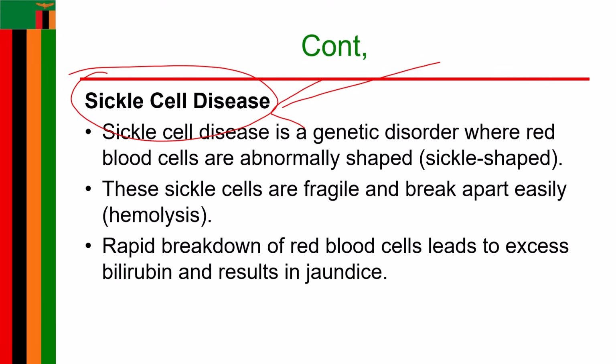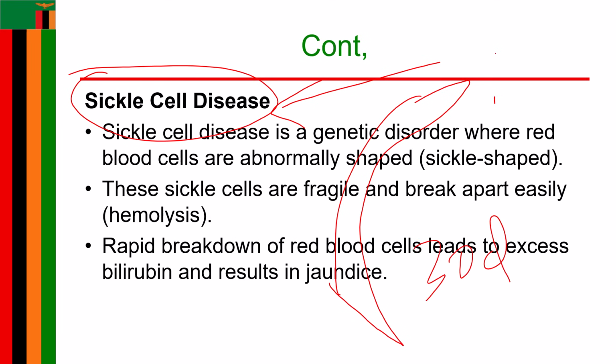And in sickle cell, like I mentioned, the red blood cell is sickle shaped, and the body reduces the lifespan of a sickled red blood cell from 120 days to less than 30 days. Meaning that this person will have red blood cells being broken down almost every day, almost the entire system being broken down.